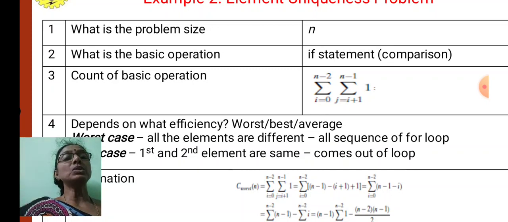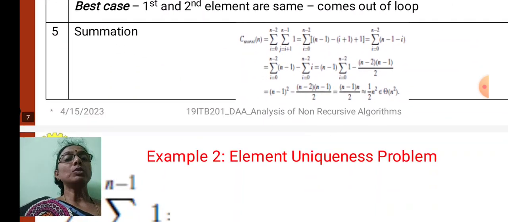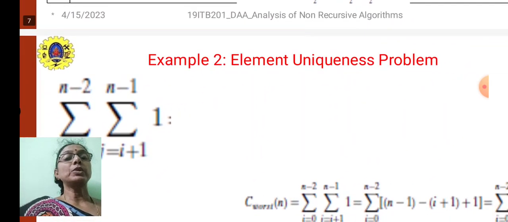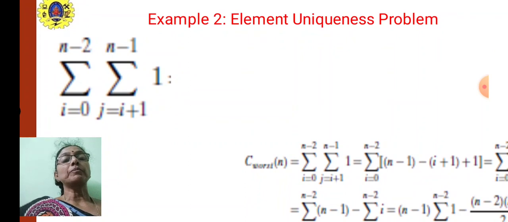The worst case is when all the elements in the array are different. The best case is when the first and second elements are the same, so it returns false.